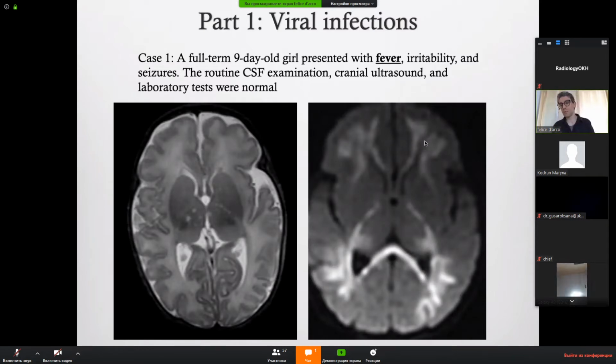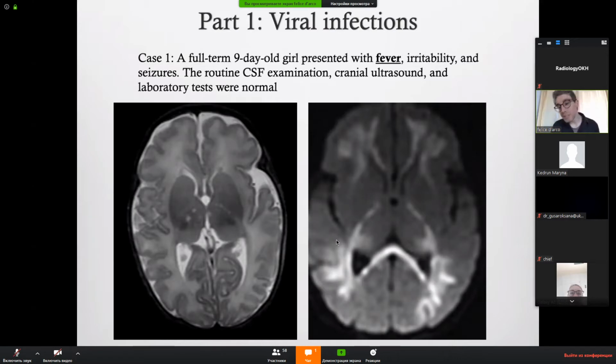Why is the diffusion important? Because as I showed you last time when I spoke about the development of the brain, the neonate's brain is not myelinated. So you cannot really use the T2 because the white matter is already physiologically full of water. So you will not see the edema that you would see in an adult so easily in a child.